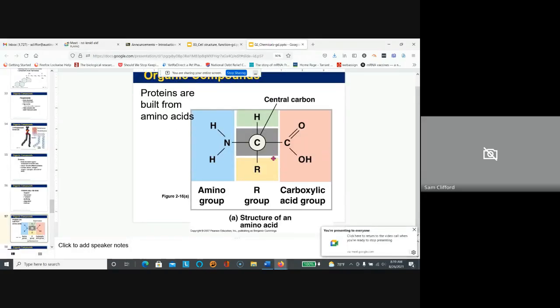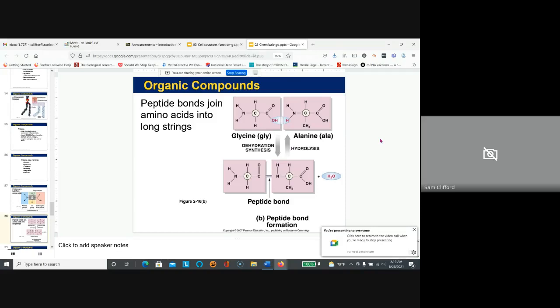So let's keep going. A peptide bond is formed by a dehydration reaction that forms a bond between the carbon of the carboxyl group and the nitrogen of the amino group. Dehydration synthesis removes water to form a dipeptide. When the body puts together amino acids, which come only from your diet, it's building proteins.